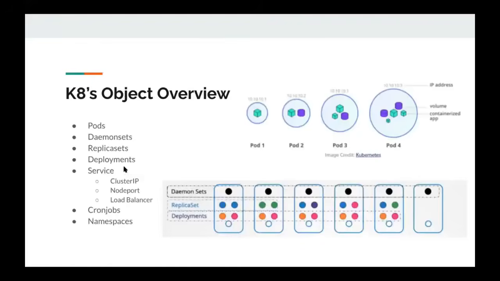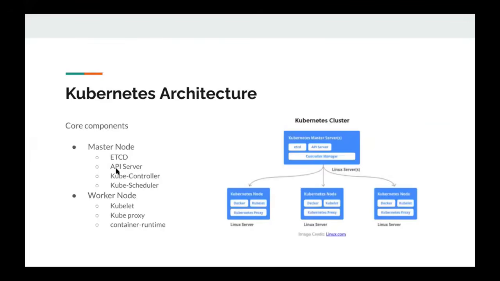And the API server is the only component that interacts with each Kubernetes component. The API server interacts with the etcd cluster, with the kube scheduler and controller, and also with our worker nodes.